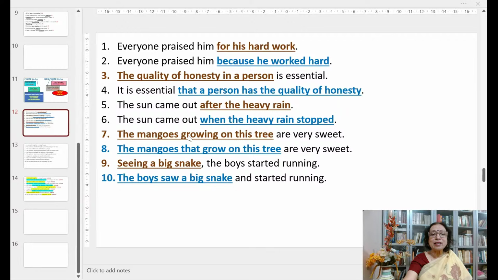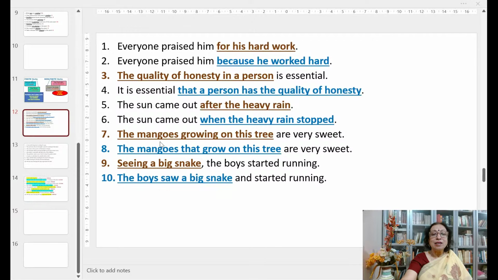The only change that has come is that we have introduced a finite verb. So it becomes a clause. The sun came out. No, the sun came out after the heavy rain. After, preposition; the, article; heavy, adjective; rain, noun.